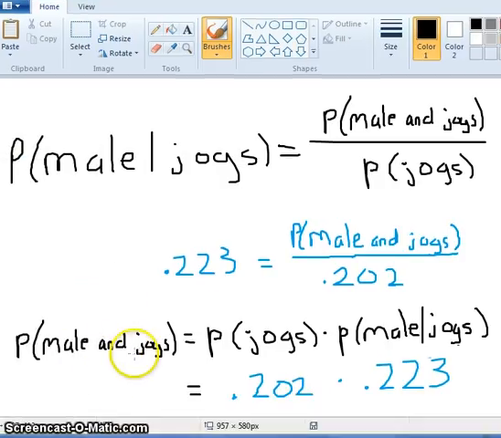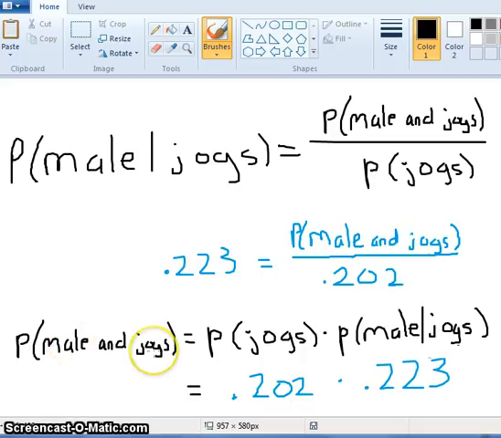And another way to think about setting it up, anytime you're solving for an and probability, so the probability of male and jogging, you just multiply the probability of each item together, but you have to use conditional probability for one of the 2 items. Unless they say the events are independent, and then you could just not use conditional probability.